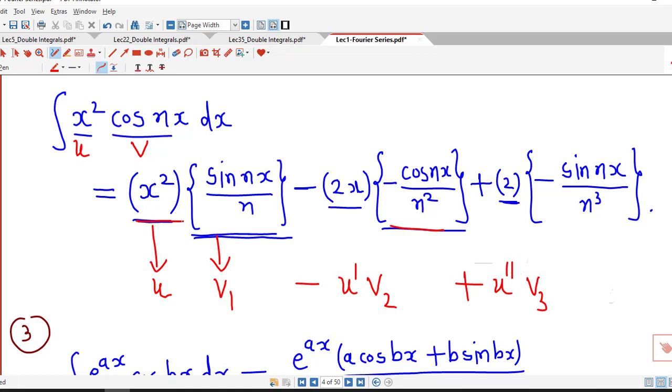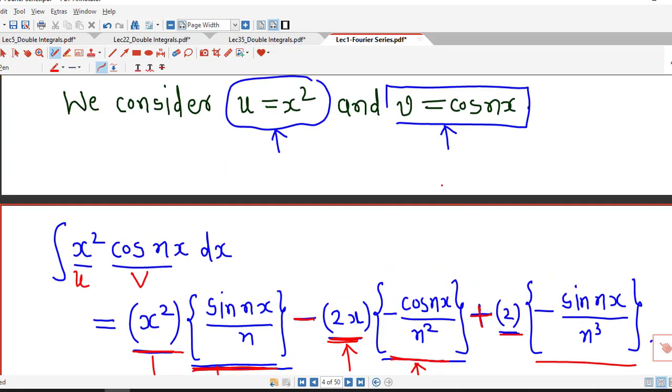So first we consider u as it is, integral of v, then alternately positive negative, and we remember in this way. From the second step we consider derivative of first bracket, integral of second bracket, again derivative of first bracket, integral of second bracket, and we remember that we will consider alternately positive and negative signs.